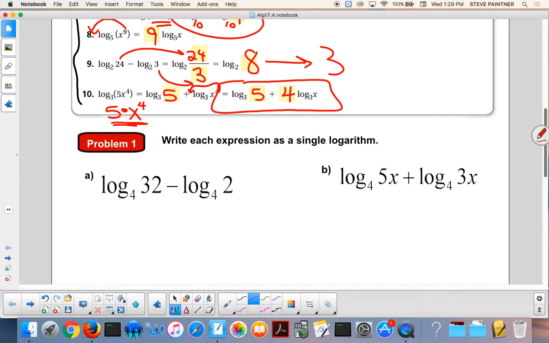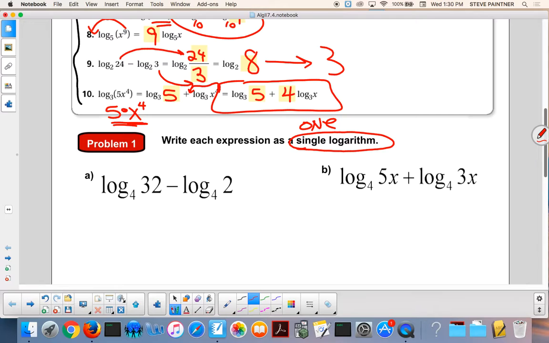All you're doing is applying the properties. That's it. Okay, here we go. Now we're starting your assignment. It says write the expression as a what logarithm? Single. Meaning, when you're done, I only want 1 log on the paper. That's it. So what's this one going to be? Log, take away, log.